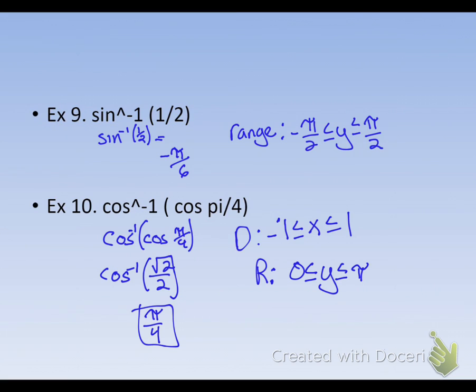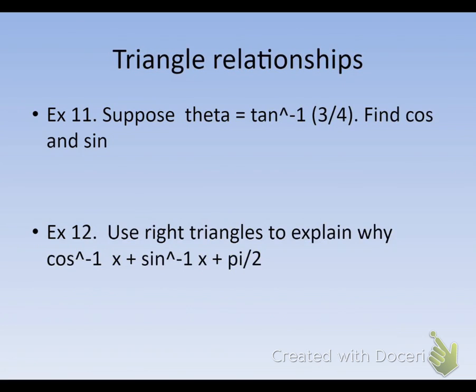The next one is slightly different. So I started here because we're going to find the other two trig functions. Theta. So again, if we were going to write this out, it would be theta equals tan inverse of 3 over 4. If you wanted to see it the other way, like Xavier brought up, perfectly fine.